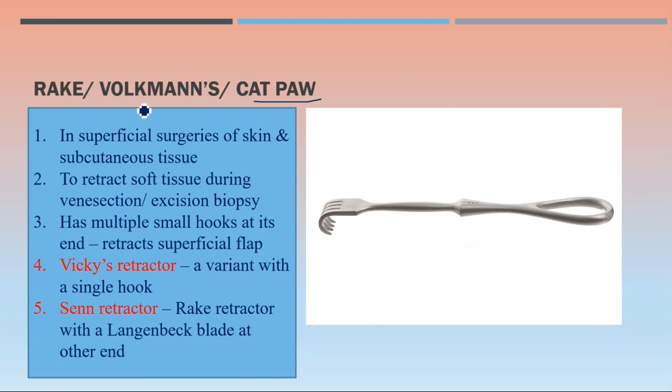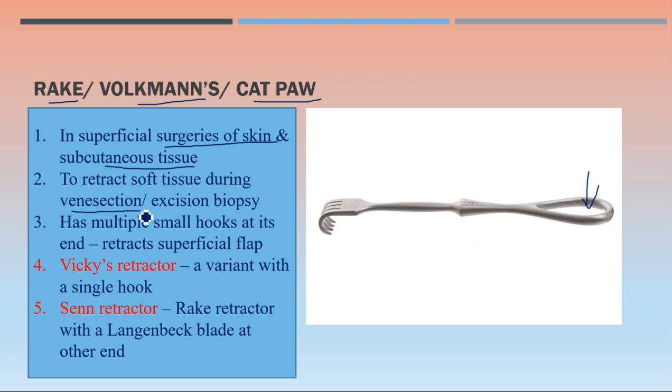Cat's paw retractor, Volkmann's retractor, or Rake retractor. Similar thing. Looks like this one. Again, a fenestration is there to make it lightweight. Again, it is used for superficial surgeries of skin and subcutaneous tissue to retract the soft tissue during venesection.